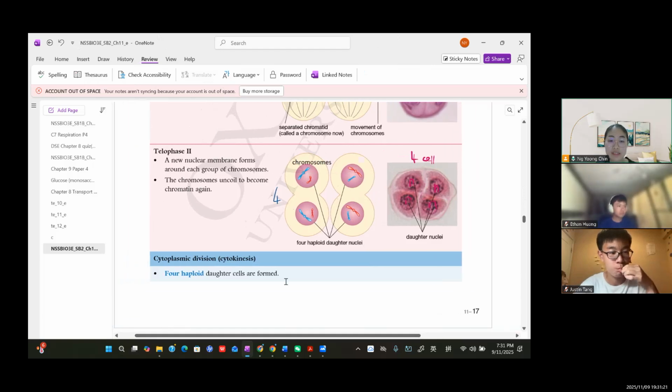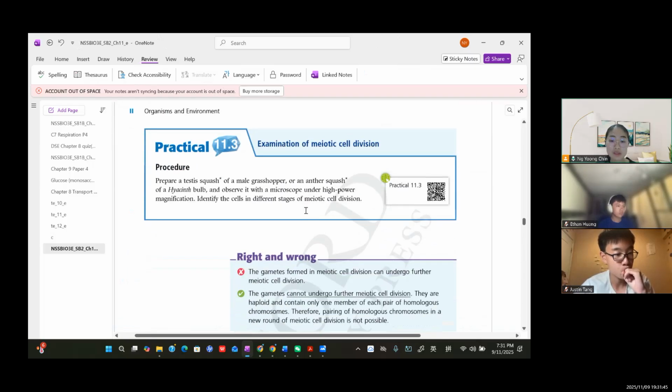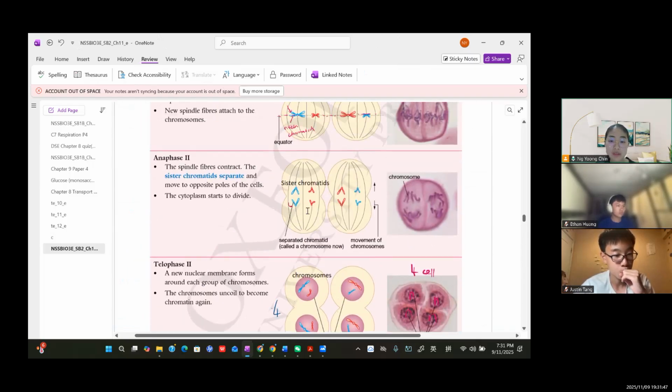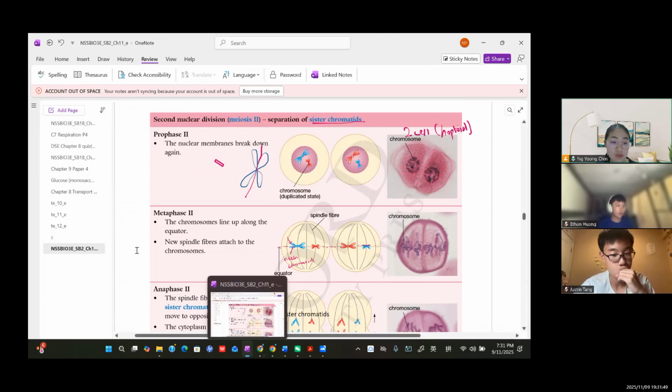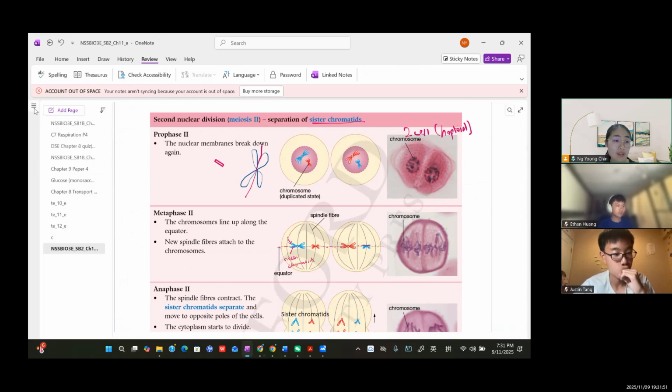Because in the mitosis, you are actually producing the diploid daughter cell from the diploid parent cell. But in the meiosis, you're actually getting the haploid daughter cell from the diploid parent cell because they only have 1 set of chromosomes. Okay, so that's all about the meiosis. So I just want to make the process clearer for you.